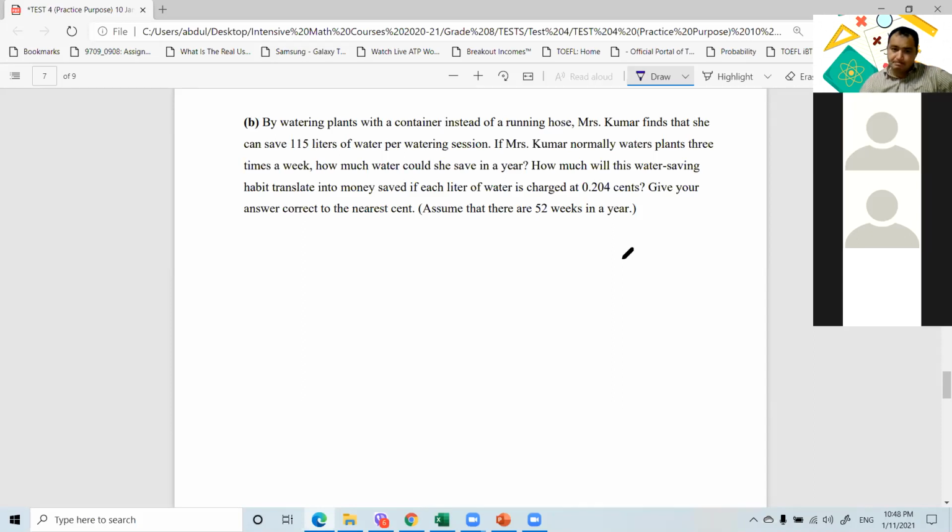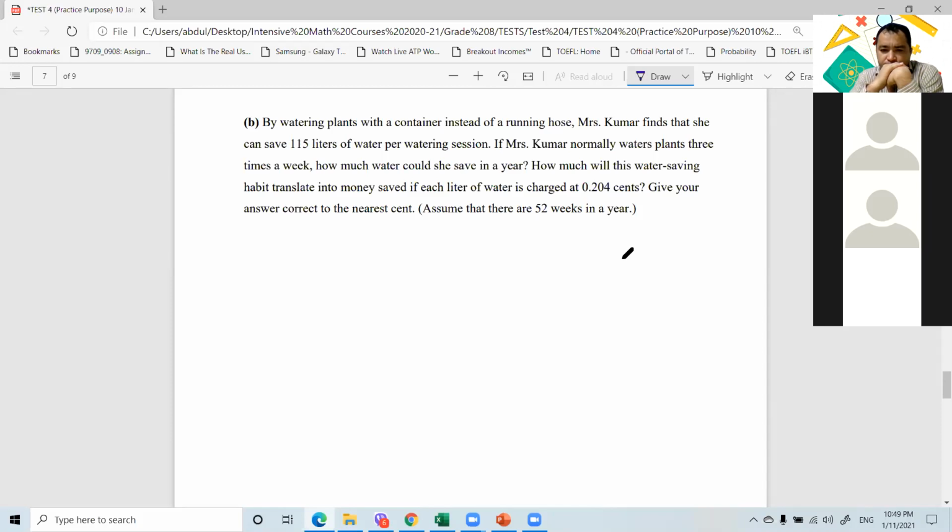By watering plants with a container instead of a running hose, Mr. Kumar finds that she can save 115 liters of water per watering session. If Ms. Kumar normally waters plants 3 times a week, how much water could she save in a year?